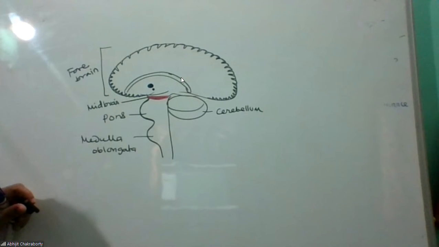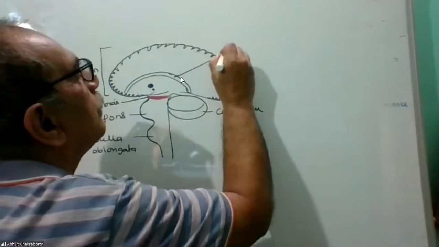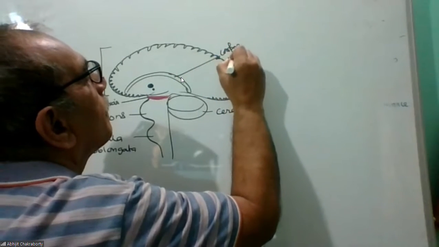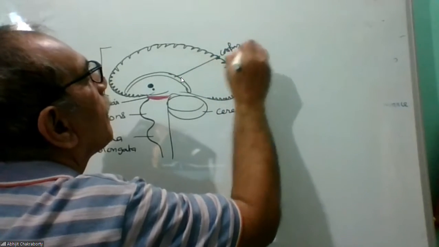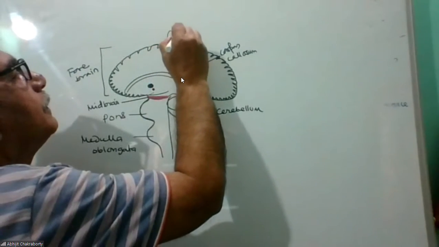So you see, here it is called the corpus callosum. It's called the cerebral hemisphere.